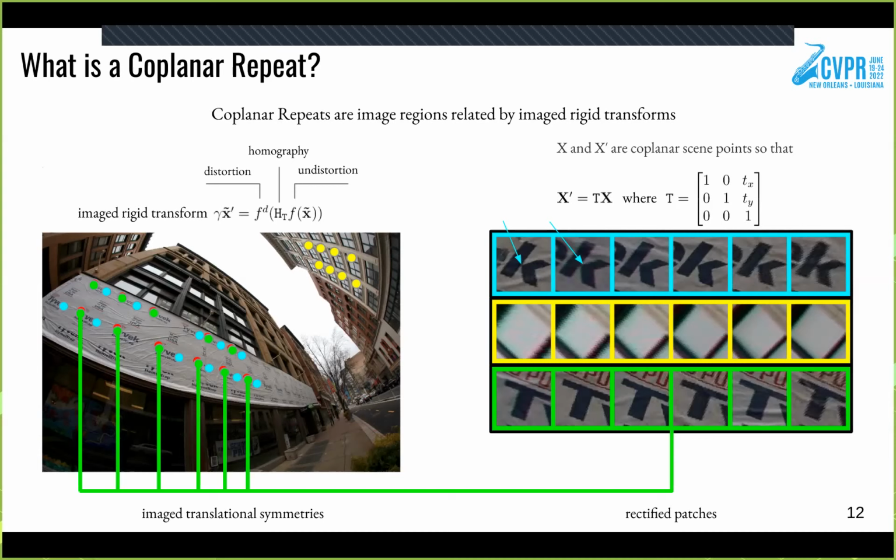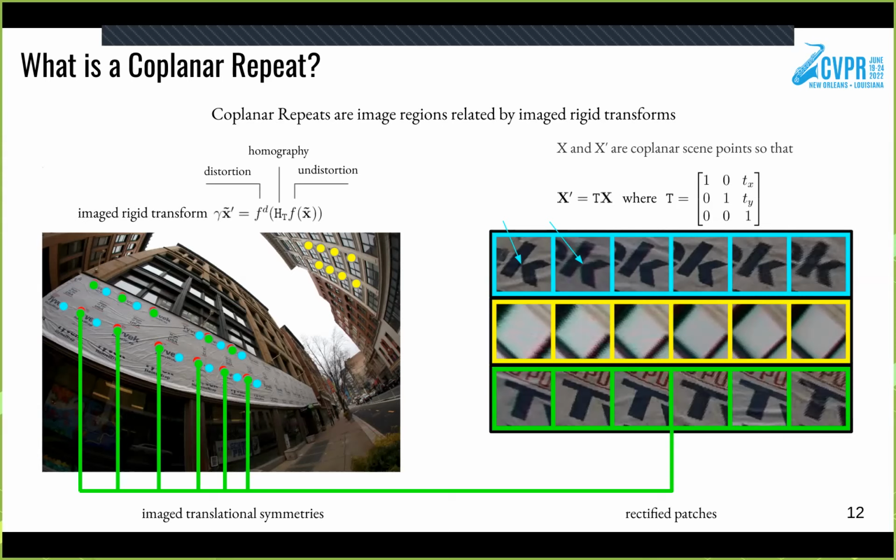And you can see that once you remove all of these distortions in the plane, you can see the repetitive structure there that is, in this case, related by translation. What remains is, after you plug this translation in and you have the correspondence in the scene plane, you can then model the entire process of the image rigid transform.